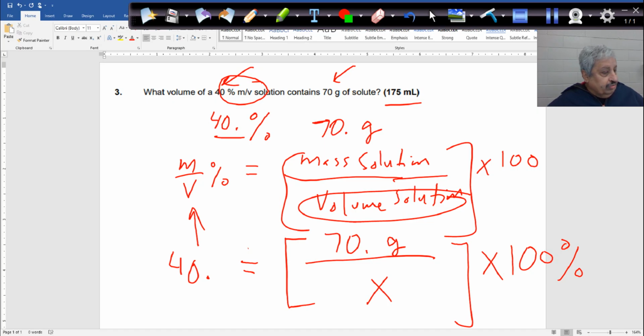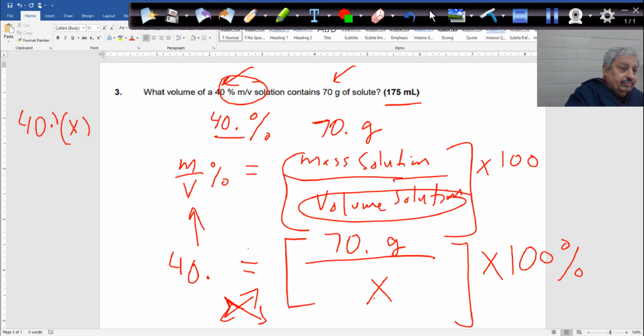Cross multiply, correct? So cross multiply the X with the 40 here. So I have 40 times X equal to 70 gram times 100.